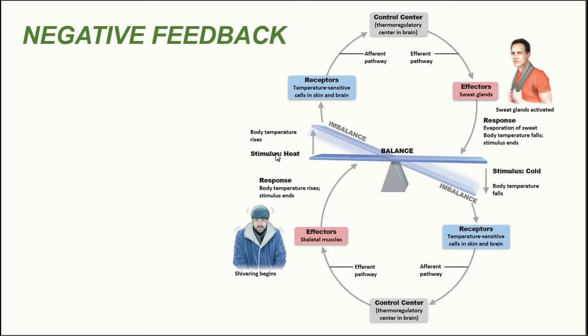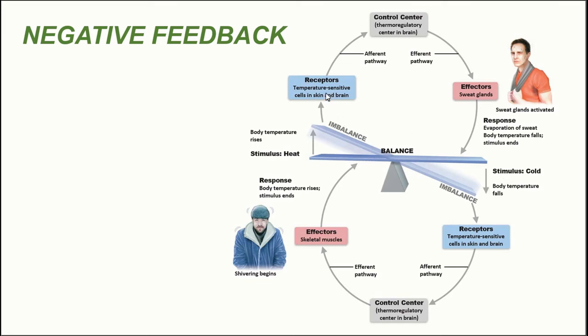So recall that the first of our factors in the homeostatic balance is the initial stimulus, right? The initial stimulus in body temperature will either be warm external air, so heat, or cold external air. And that will cause our body temperature to either rise if it's warm external conditions, or fall if it happens to be cold outside.